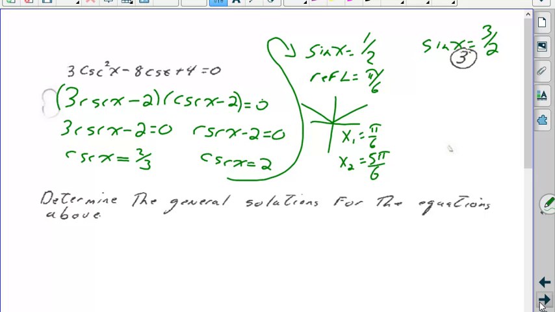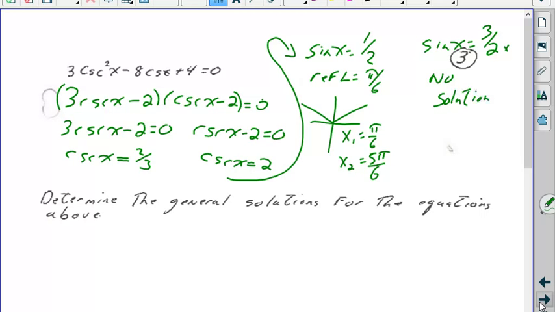Now, why does this one not have a solution? What's that? It's bigger than 1. It's outside the range for sine x. So, since this is larger than 1, all we do is say, okay, I don't have a solution.